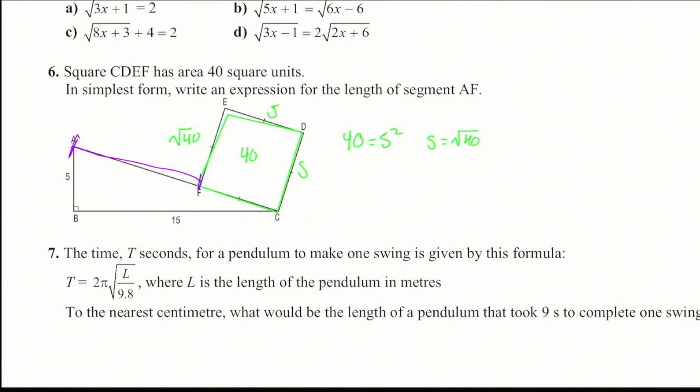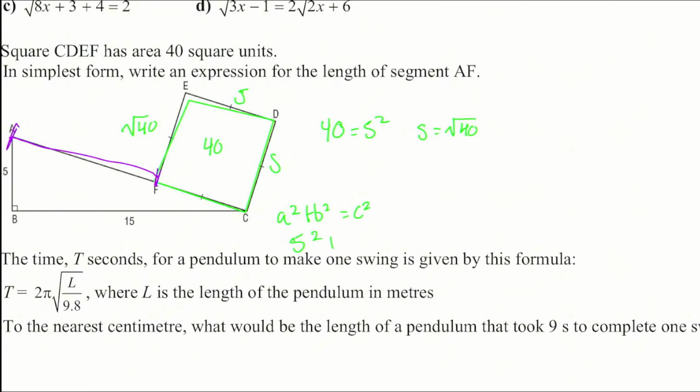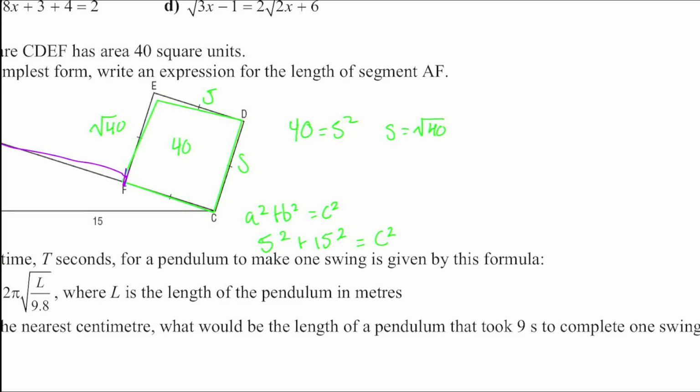So we have a squared plus b squared equals c squared as our Pythagorean theorem. We're going to plug in our values. So 5 squared plus 15 squared equals c squared. Let's do this in my calculator here. 5 squared plus 15 squared gives us 250 equals c squared.